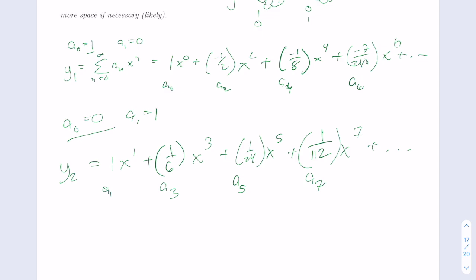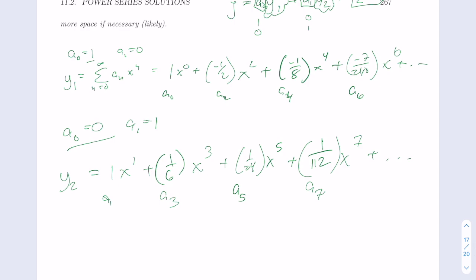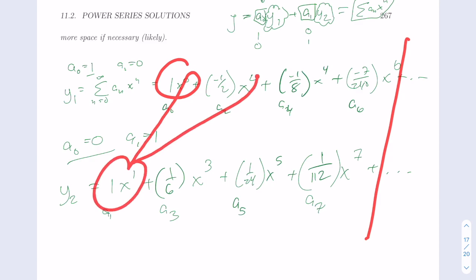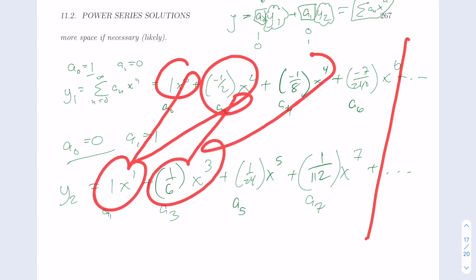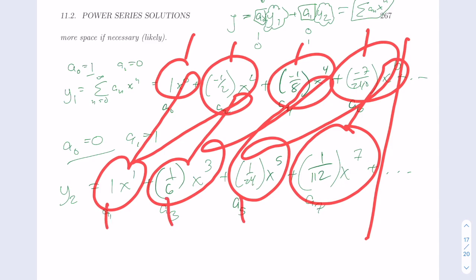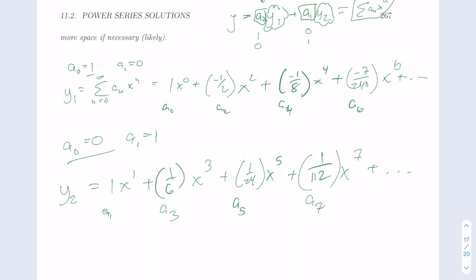If I wanted some kind of approximation, then what I could do is find the first so many terms of this thing and add those two together. And so y would equal this plus this plus this, 3, 4, 5, 6, 7, right? And all of these would have C1s in them, and all of these would have C2s in them, okay?